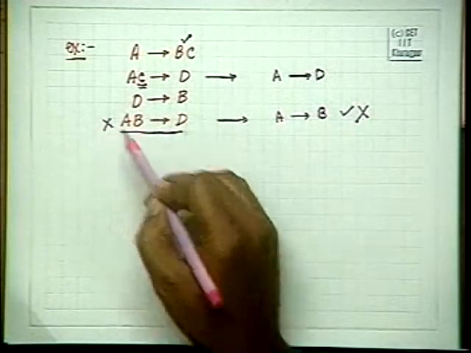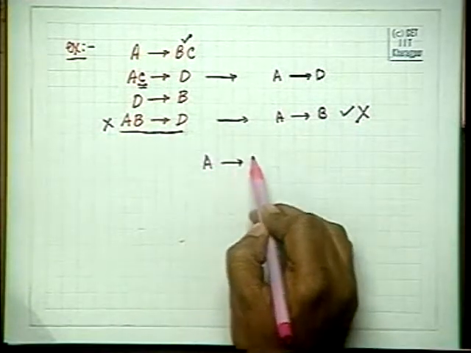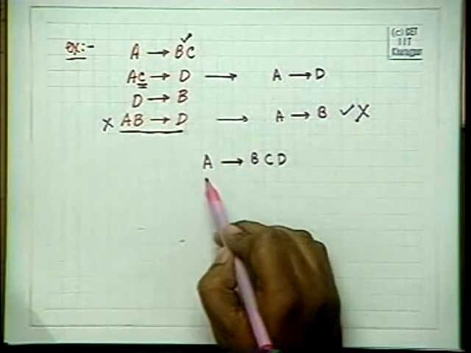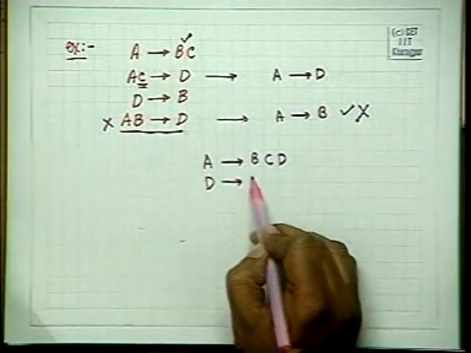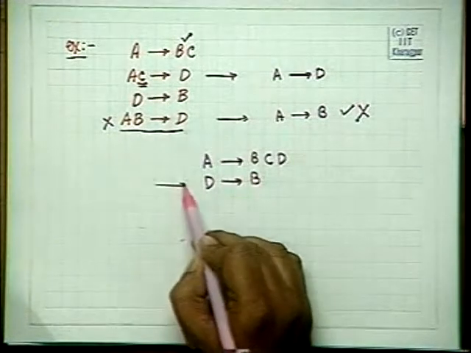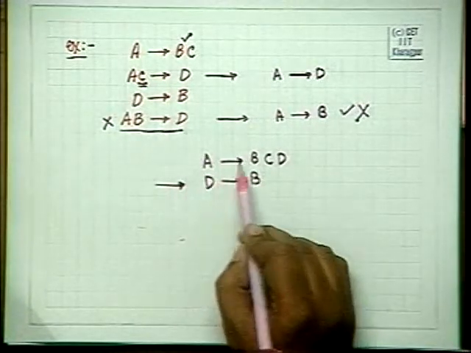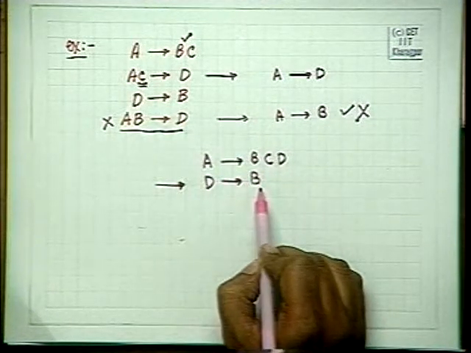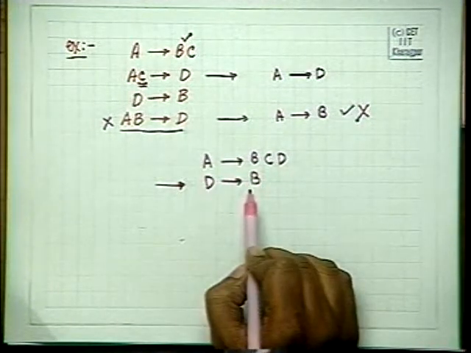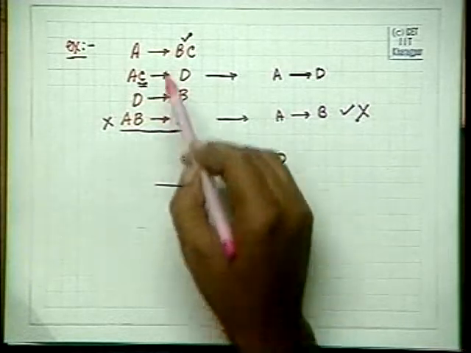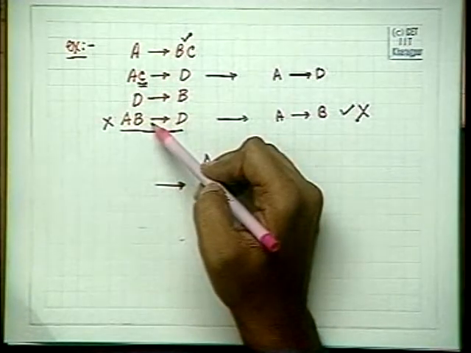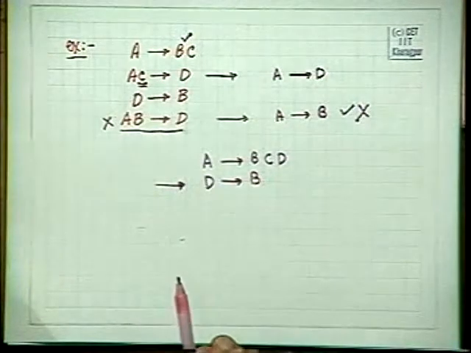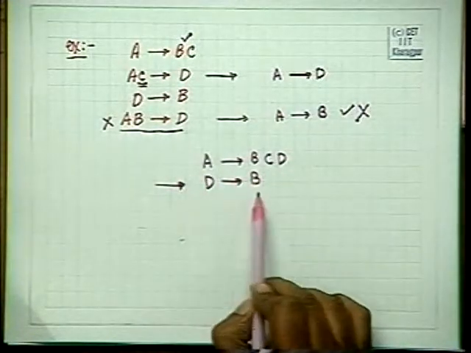So this is out, and we are left with only two, A goes to BC, D, and D goes to B. Remember, D goes to B cannot be removed. Even if A to D is there, D goes to B does not get removed, because D goes to B is separate. Therefore, we will remove the redundant attributes on the left as well as on the right, and we will write it down this way.